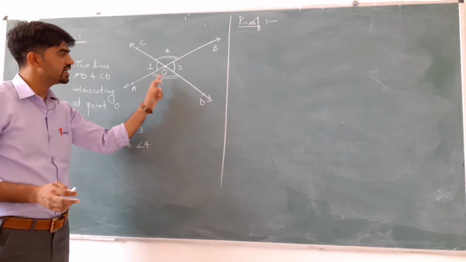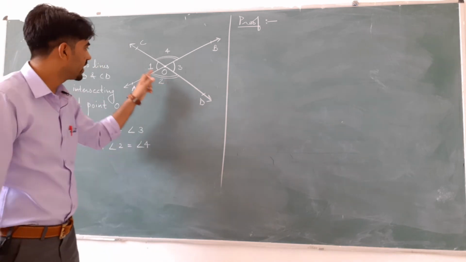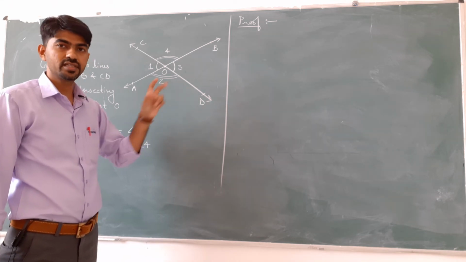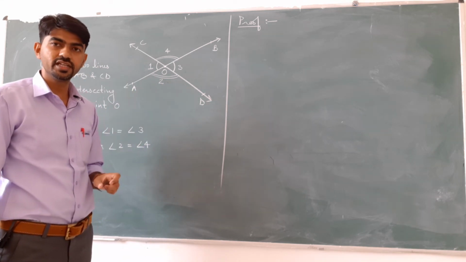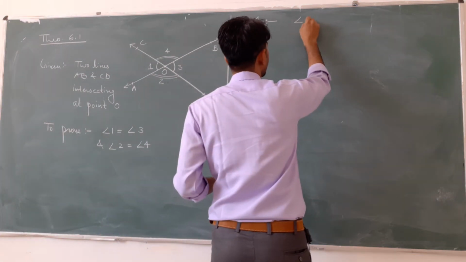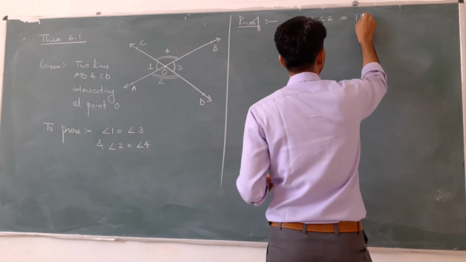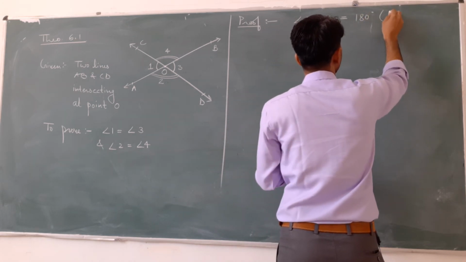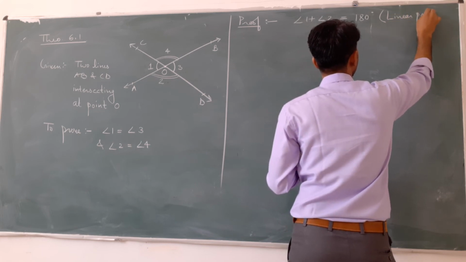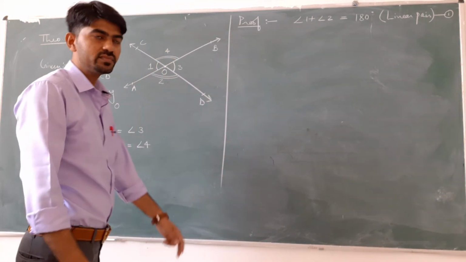It means angle 1 and angle 2 are forming a linear pair, and the sum of the angles forming a linear pair is always 180 degrees. Therefore, angle 1 plus angle 2 is equal to 180 degrees. Reason: linear pair. Let it be equation number 1.